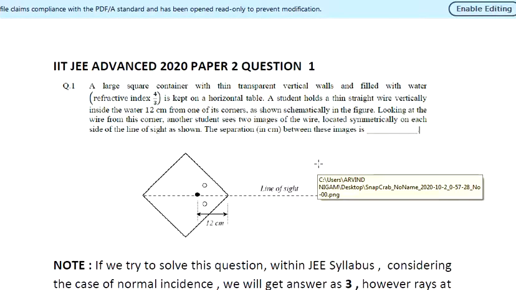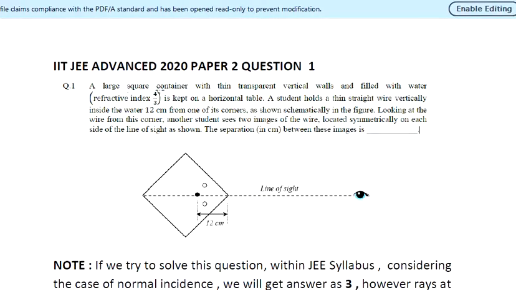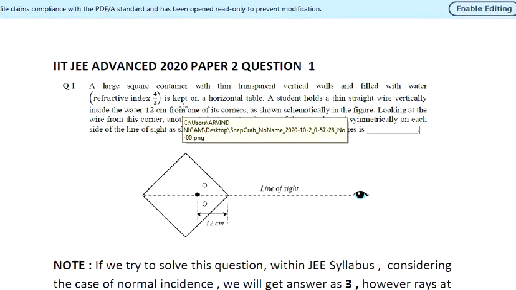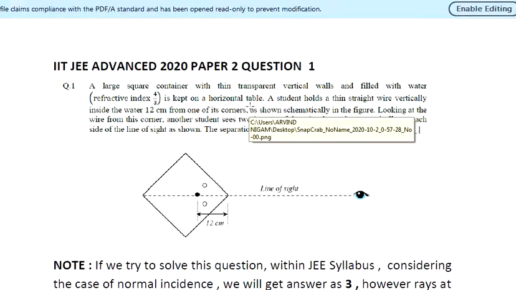Today we are going to discuss IIT JEE Advanced 2020 Paper 2 Question number 1. A large square container with thin transparent vertical walls and filled with water, refractive index 4/3, is kept on a horizontal table.